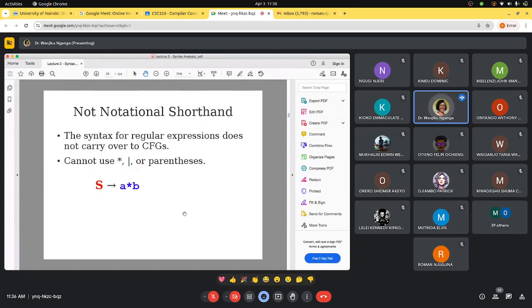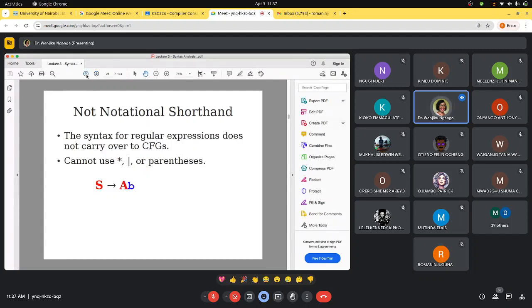When we did automata, we used the plus for either-or, but there are also some authors who use this to mean either-or. So in this context, this is the either-or for regular expressions. So we say either A or B, we'll write it as A plus B. We also can't use parentheses inside CFGs. So we should not mistake them.